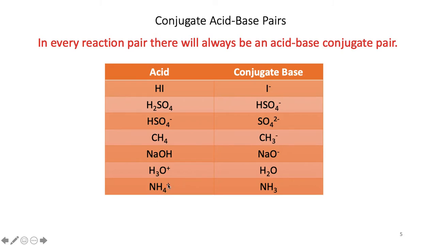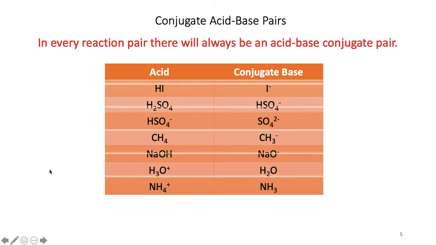If I get rid of an H plus from NH4 plus, I lower the number of hydrogens by 1, and I have +1 minus 1 to give me a 0 charge for NH3. So a conjugate base is what is left over after you cut out an H plus from your acid.